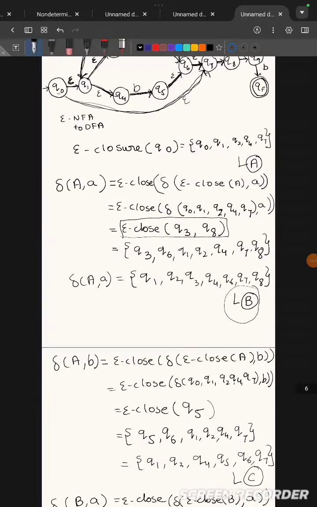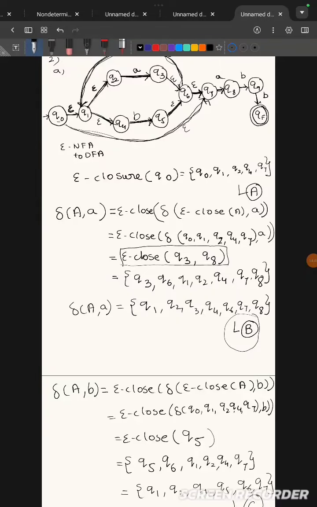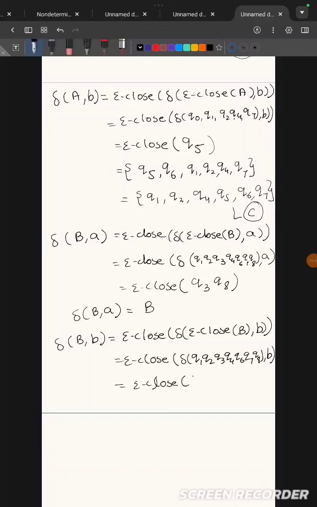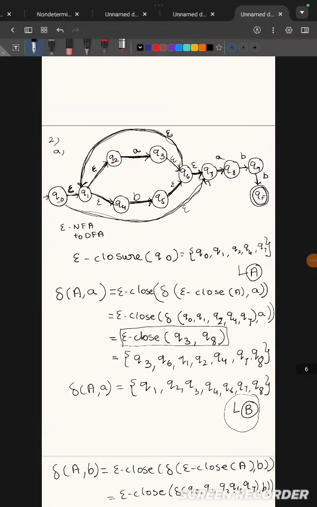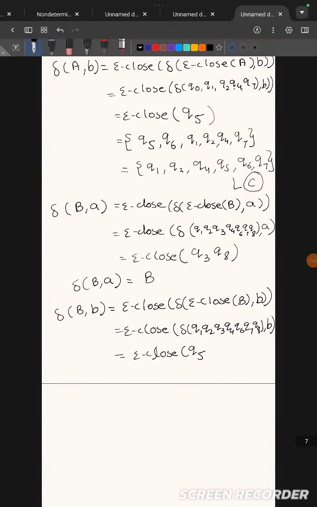Q1 doesn't have a transition, Q2 doesn't, Q4 is having a transition on small b, so on reading b, Q4 goes to Q5. Now check Q6, 7 and 8. Q6 doesn't have, Q7 doesn't have, but Q8 does: on reading b, Q8 goes to Q9. So we write Q9 as well.